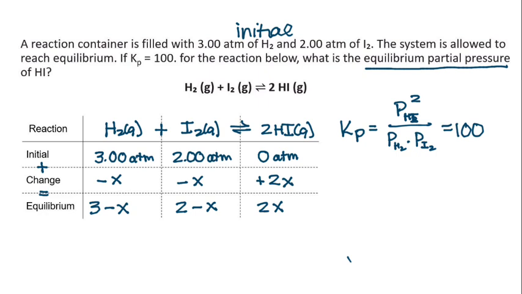I also know that those equilibrium partial pressures are equal to the values in the equilibrium row of my ICE table, so I'll substitute those numbers in. I see that the partial pressure of HI is 2x. I'll square that value because in the equilibrium constant expression, the partial pressures are raised to their stoichiometric coefficients.